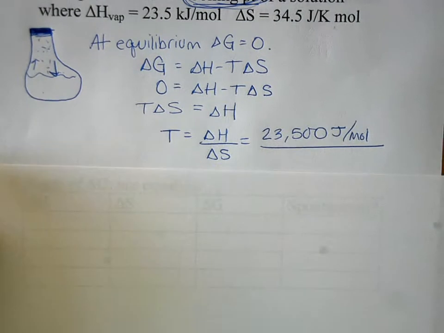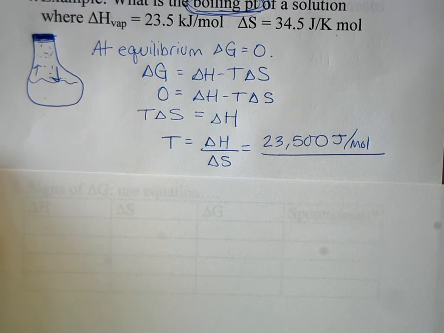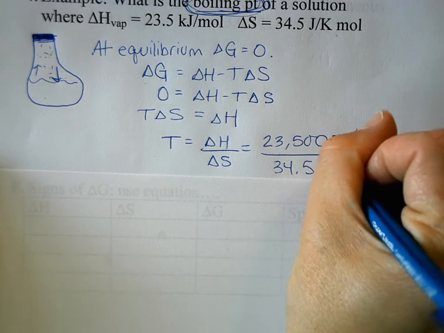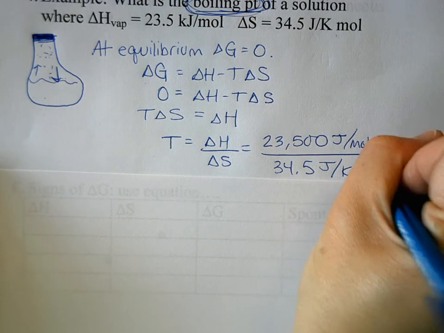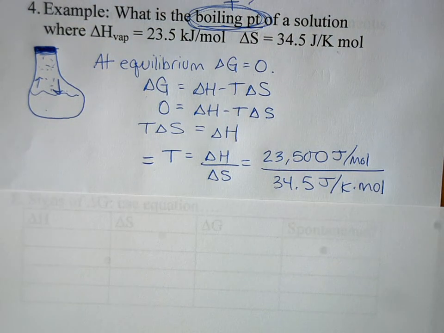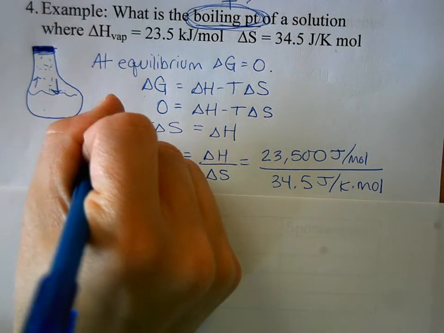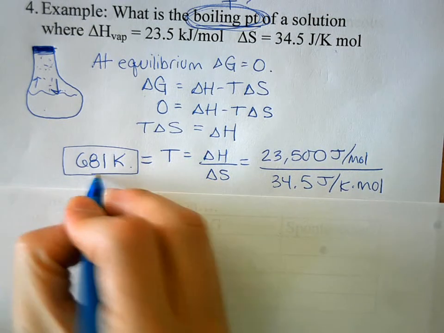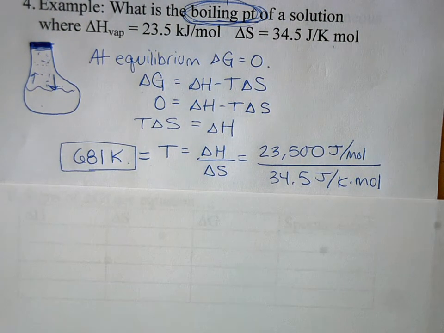And then my delta S is 34.5. Run out of room, so I'll put it over here. When you calculate that T, this is actually really high, but 681 Kelvin, which you could then go ahead and convert into Celsius if you needed to.